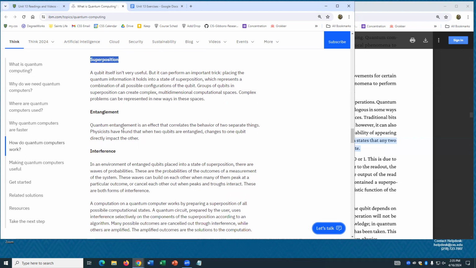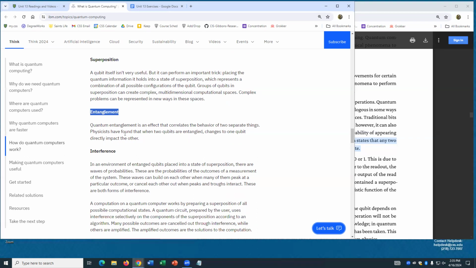So let's talk about entanglement next. If we have these qubits near each other, they won't necessarily just be independent. They should correlate.